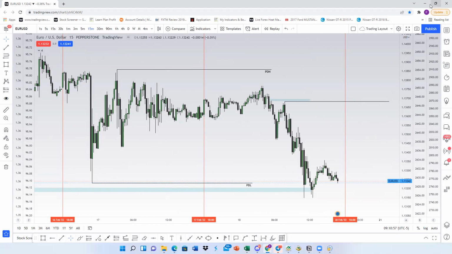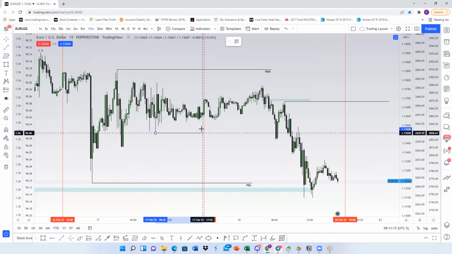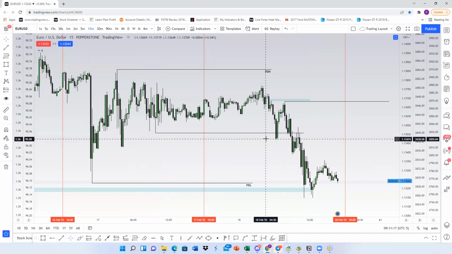Here's why I said that. I still have the days over here. If you look at this low, it's at 9:45, the start of New York. So this is the previous day's New York low. See, we take that out and we retrace.